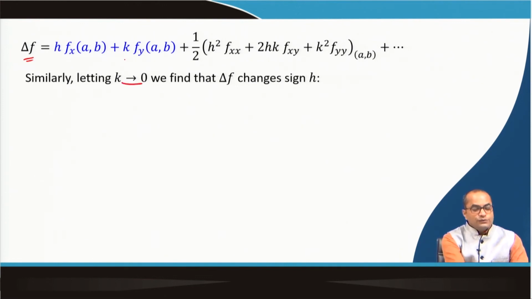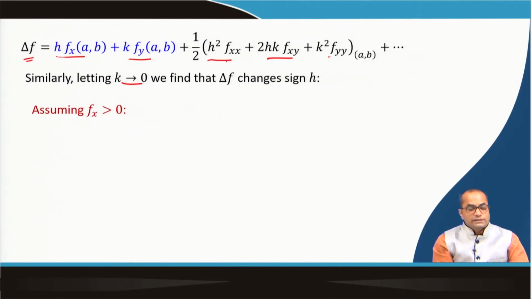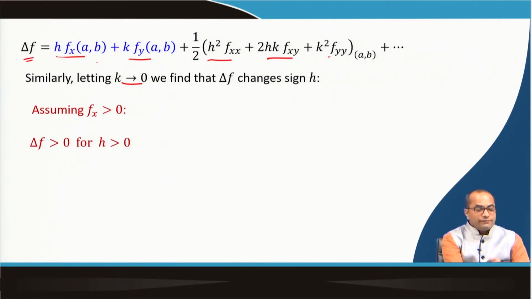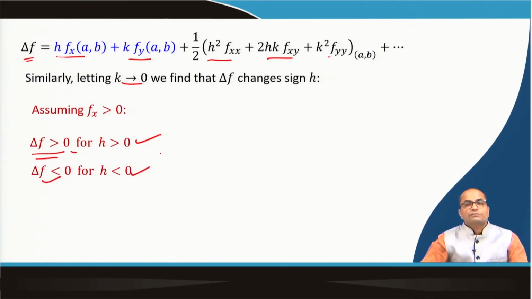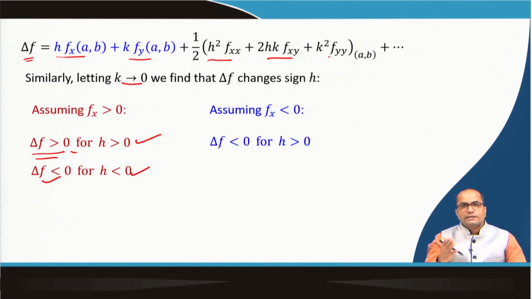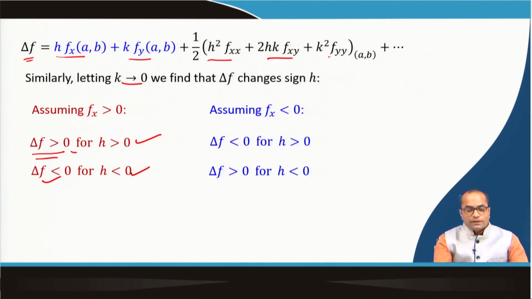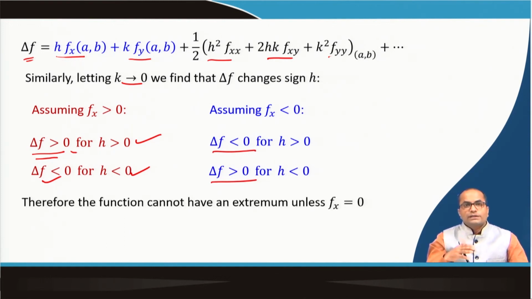Now, getting back to our main equation of this delta f, this time we will let this k go to 0. So, all these terms having the k will be 0, and at the end we will get only this first term and the term having this h square. So, the delta f, and again assuming f_x is positive, delta f will change sign again, delta f will be positive for h positive, delta f will be negative for h negative, and similarly if we also assume that f_x is negative, delta f will again change sign depending on whether h is positive or h is negative.